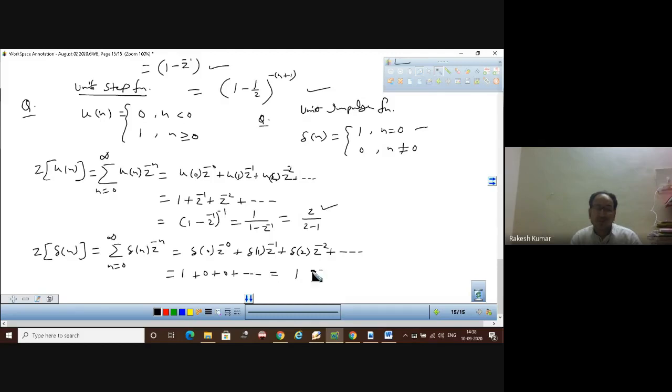So this is also the standard Z transformation of the unit impulse function. The Z transformation of the unit impulse function delta n comes out to be 1. This is also very important, so you must be well prepared or well aware of these rules.